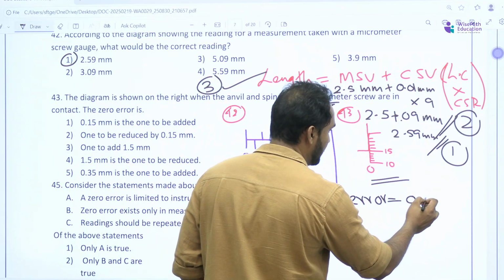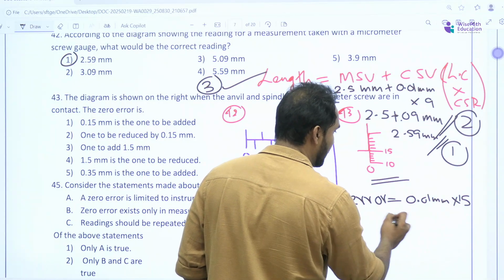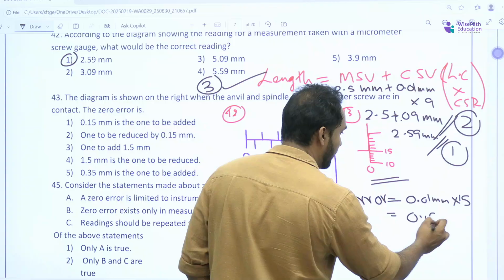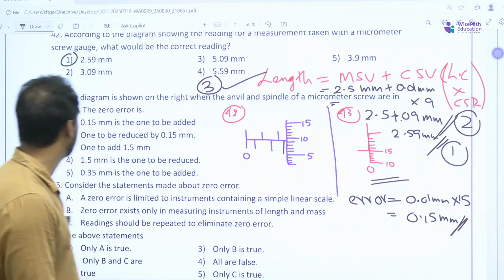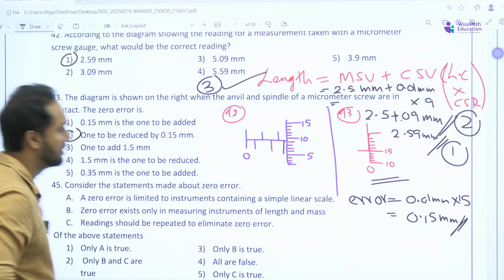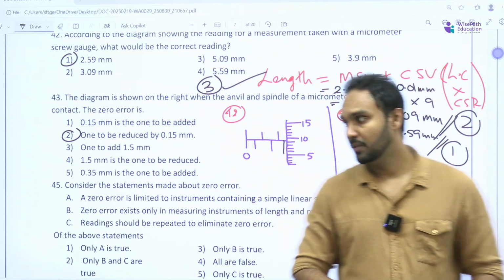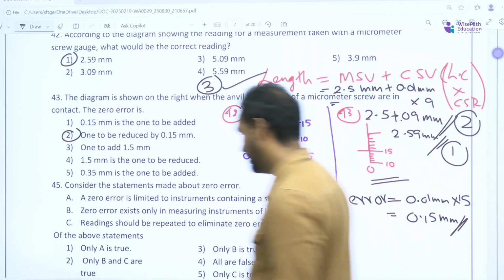That is 0.01 millimeter into 15, so that will be 0.15 millimeters. That's all. Since it's a positive zero error, it should be deducted. So the reading is to be reduced by 0.15 millimeters. You answered this question. Now only I understood it, right? So that is 42, 43.